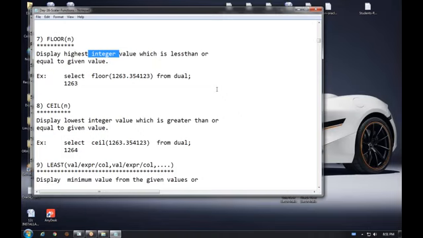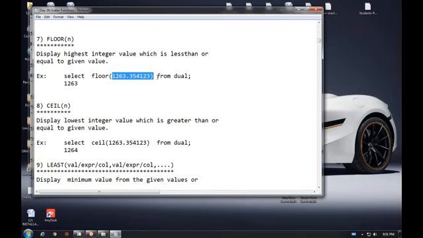Floor displays the integer that is below or equal to the given value. Again I am repeating, display the nearest integer which is equal to or less than the given value. This is the given value. What are the integers below this value? 1263, 1262, 1261, 1260, all are below values.